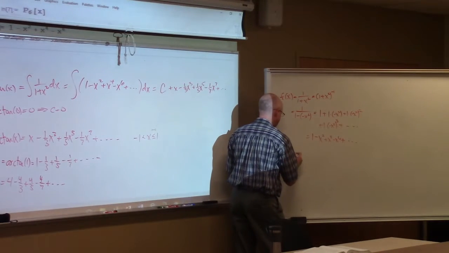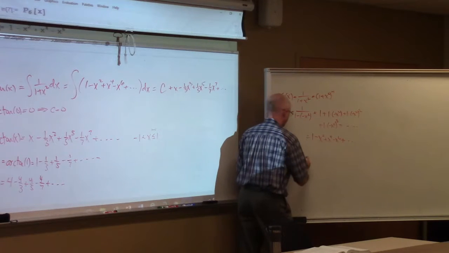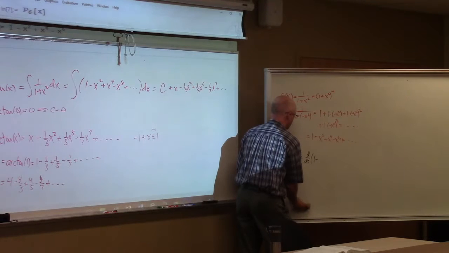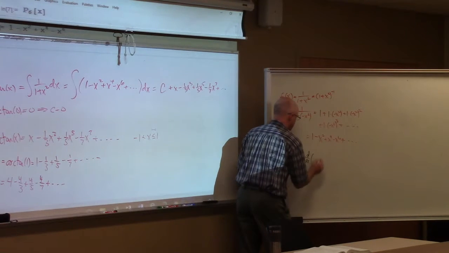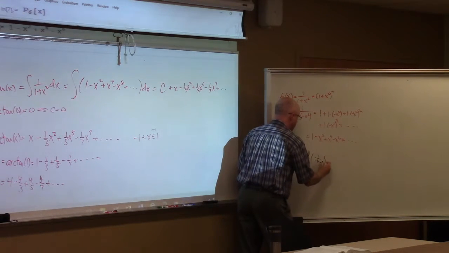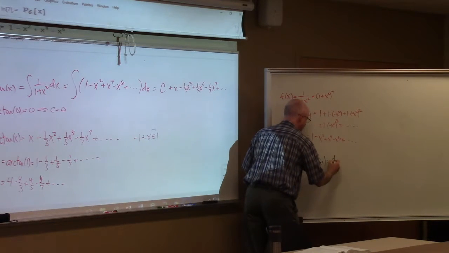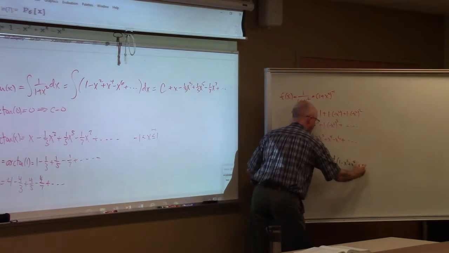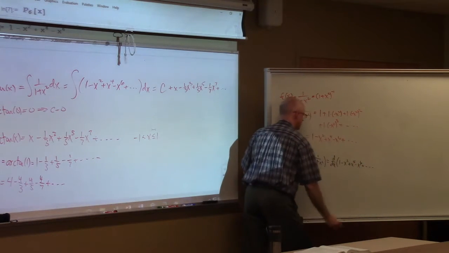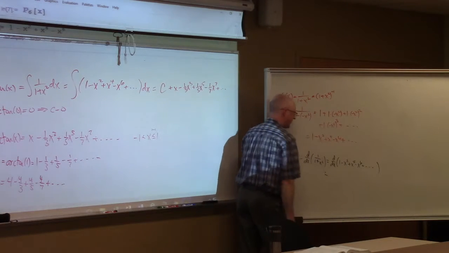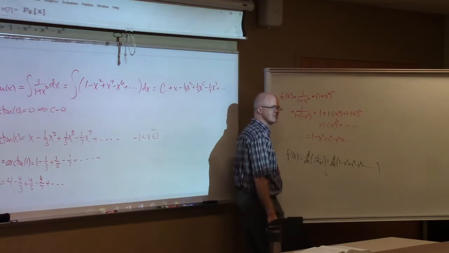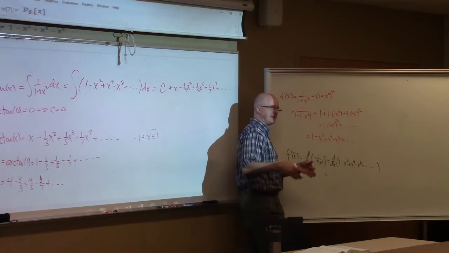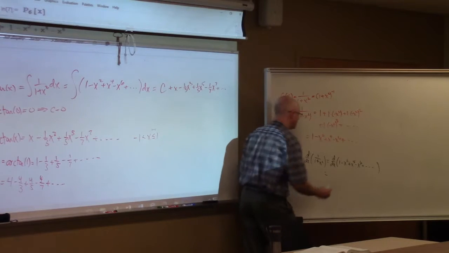F prime of x, the derivative of 1 over 1 plus x squared, as an infinite series must be the derivative of this thing. Differentiate term by term. Does it really work? Can you do that?